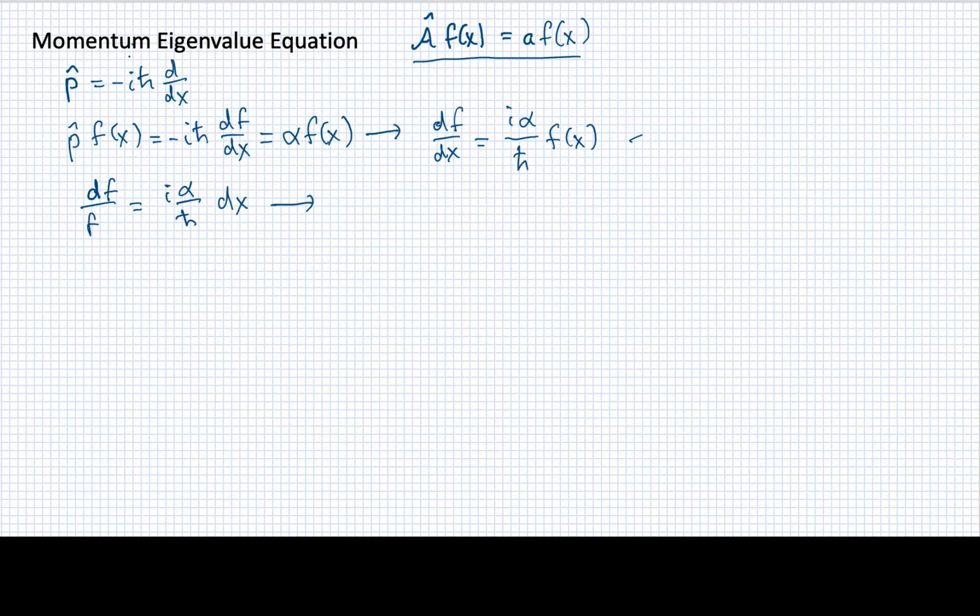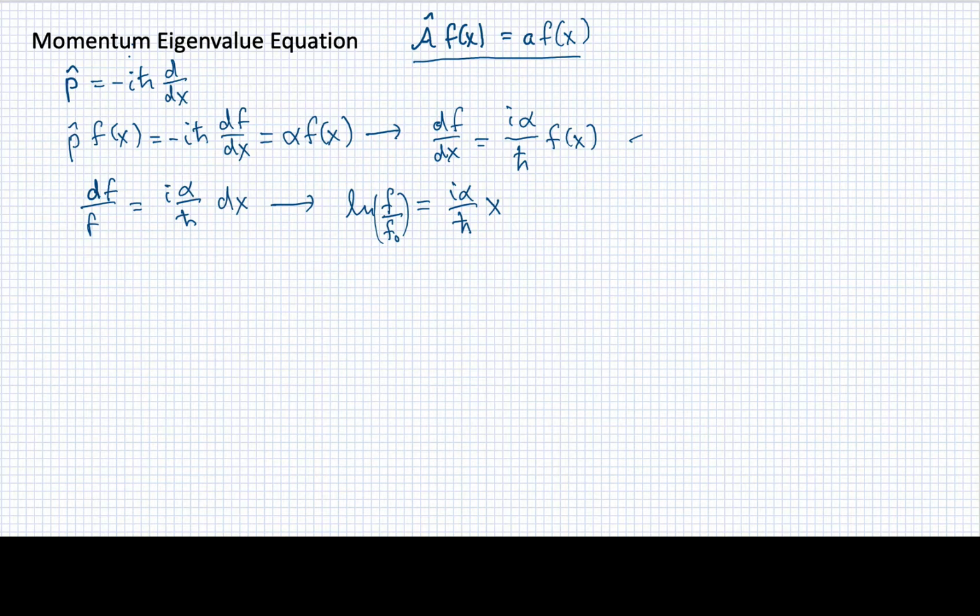When we integrate both sides, we get log of f is equal to i alpha over h bar times x. Now, I need to worry about an integration constant, so let's say there's an integration constant that gives us a ratio here of f to f0. It won't matter too much, but I'll do that just for completeness.